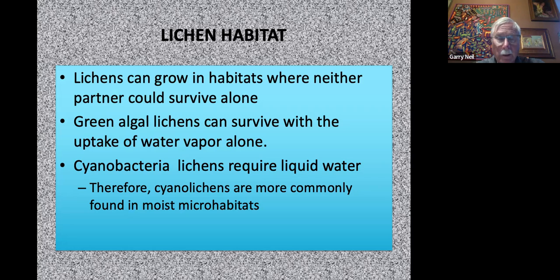Green algae lichens, for example, can survive by just uptaking water vapor. They don't need to be totally wet in order to keep metabolizing in many instances, as long as there's some humidity. Whereas cyanobacteria do require liquid water.